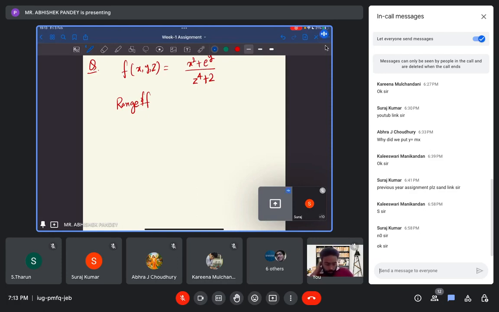For this function to be 0, we need f of x comma y comma z equal to 0. So x square plus e to the power y. This is always positive and this is also positive, and this cannot be 0 for any x, y, isn't it?